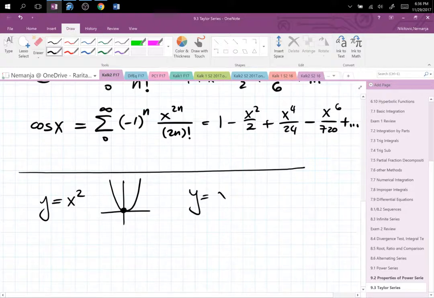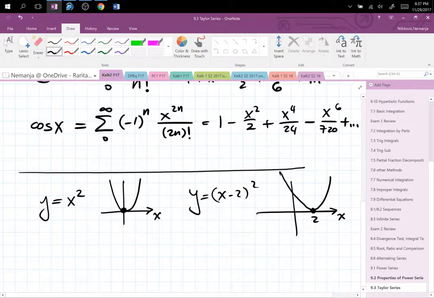And when you had y equals x minus 2 squared, it was a parabola that went through 2. So this part of minus 2 in parentheses was a shift right. We do the same thing with power series with this x minus a. We shift the power series left or right, depending on whether a is positive or negative, to match it better with the function that we are approximating.